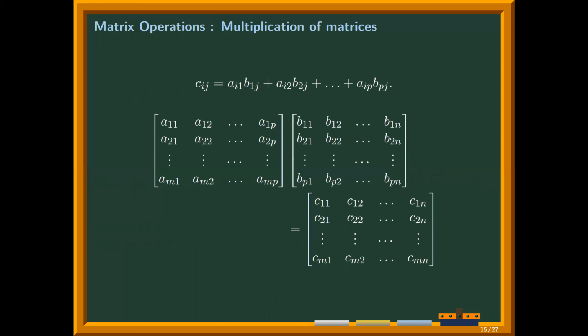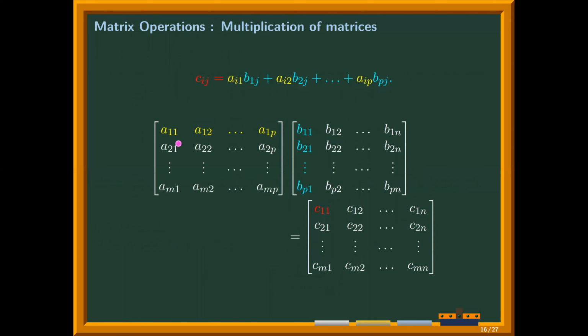If we are to find c_11, what we do in this rule is take the first row of the first factor and the first column of the second factor, then multiply respective entries as is indicated in our rule. That produces c_11.